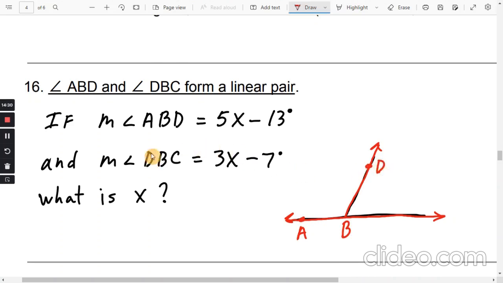And the other one is DBC. All right, ABD is 5x minus 13. That goes right in here. And this one here is 3x minus 7.